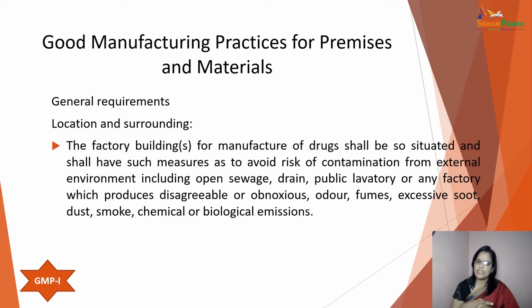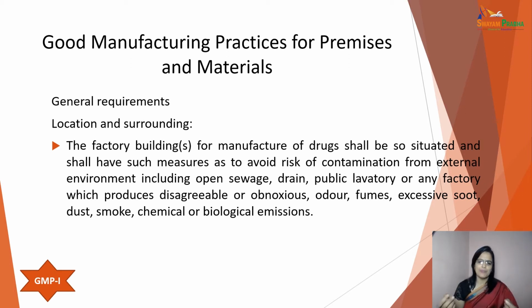So general requirements under location and surroundings. The basic requirement is that the manufacturing company should be located far away from the public area or from crowded places. As we generally say, any manufacturing company should be situated in the outer part of a city.